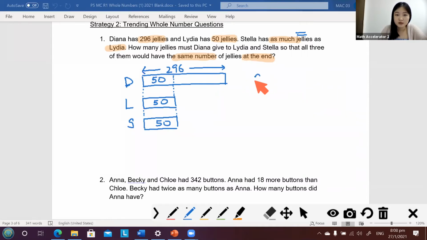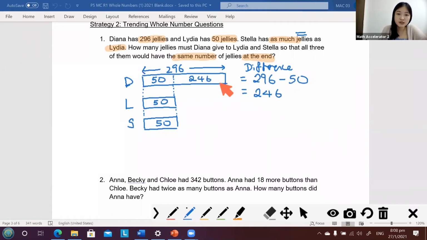So the difference, 296 minus 50. How much more? 246. Okay, thank you. So this is the difference, this part here.